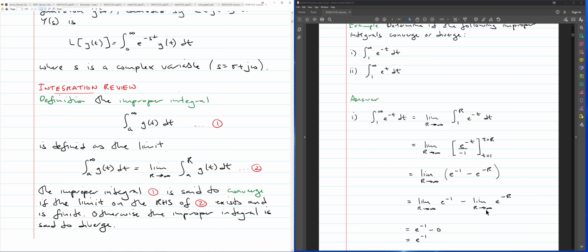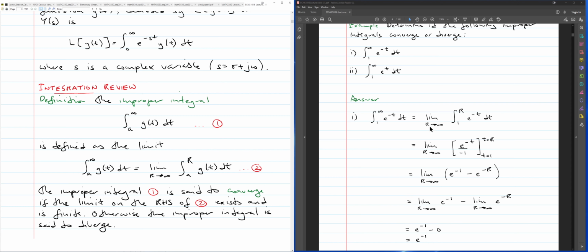I talked about this: because the coefficient in front of your variable is negative, the limit as r goes to infinity is equal to 0. So the limit is e to the minus 1 minus 0, which is e to the minus 1.